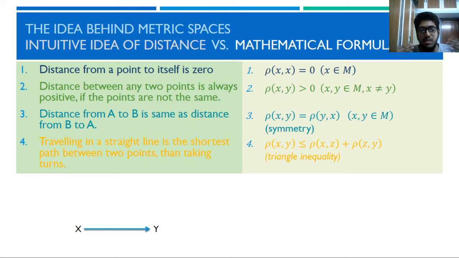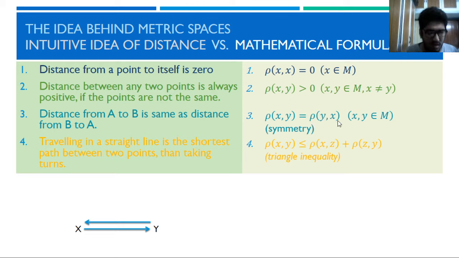And we mathematicians are obsessed with symmetry. And this is nothing but the idea of symmetry that is there in the idea of distances. Suppose I'm going from x to y, and suppose Indra is going from y to x backwards. Since we are traveling in a straight line, both of us would have traveled the same distance. Distance from x to y will be equal to distance from y to x.